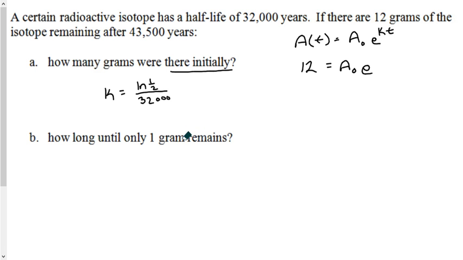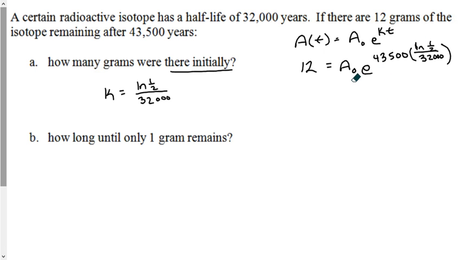Okay. And then we also know the time. The time is 43,500 years. And this goes in here for k, so you could write k right here. I'm going to go ahead and write it. So natural log 1/2 over 32,000. Whew. That's kind of ugly looking, right?